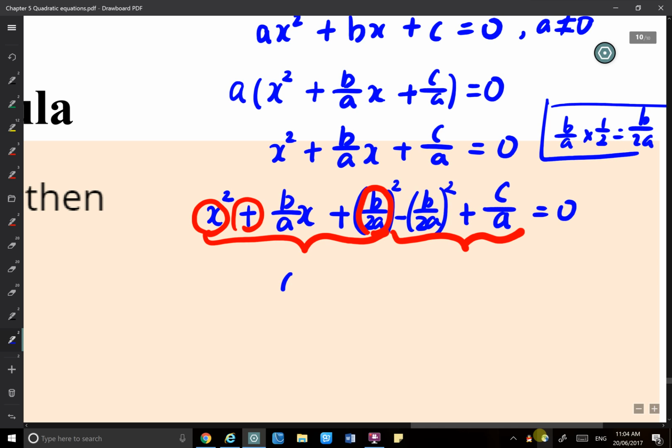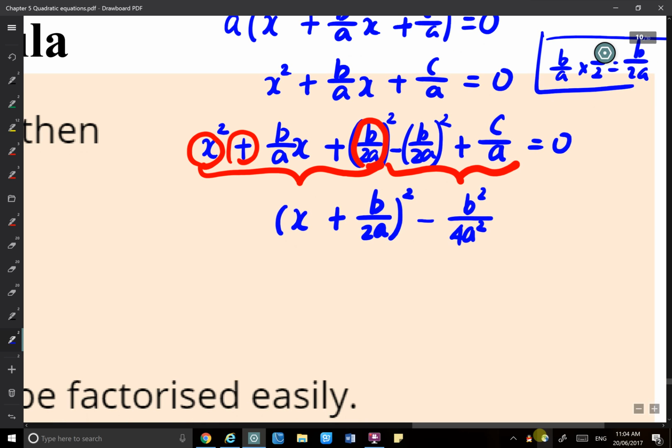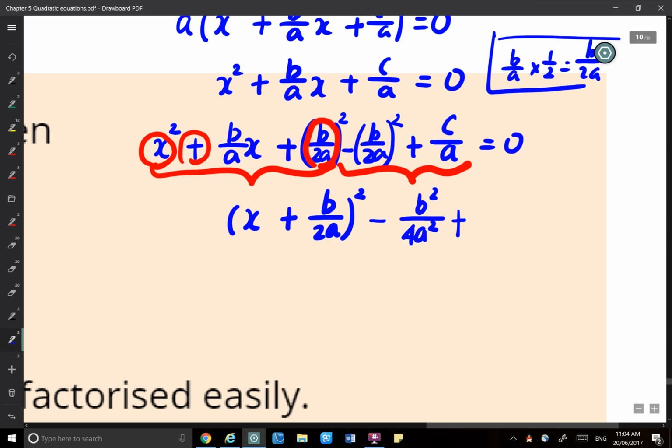Just complete the square. So we have x plus b over 2a squared. Let's see what happens to the constant. That's minus b squared over 4a squared, plus c over a. I multiply by 4a on the top and bottom, and I have 4ac here, right?